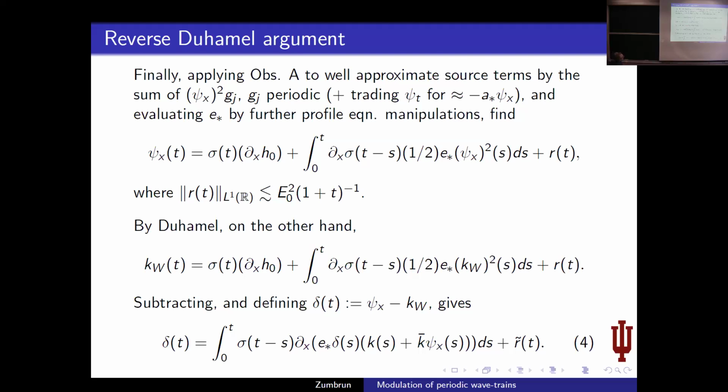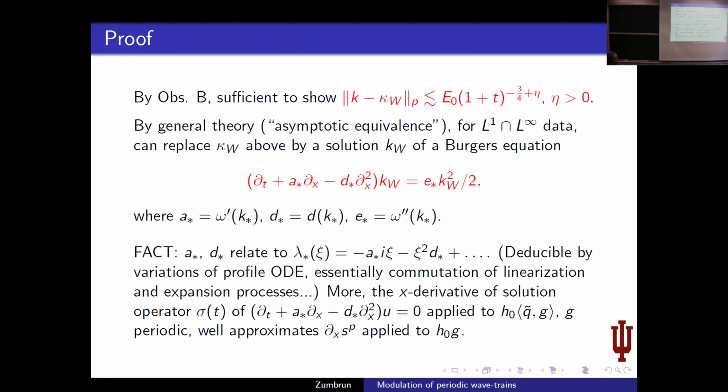Okay, but likewise, for the Whitham equation, by the same sort of trick, we write the Duhamel formula for the simplified equation, this Burgers equation. But remember, there were some asymptotically irrelevant terms, error terms, higher order terms in all the Taylor expansions of everything.